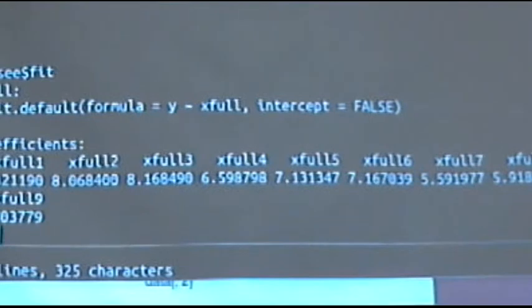It's 5.5. 5.7. 5.6. Connect these, this would be A1. This would be B. And then A2 would be 6.6. 7.9.